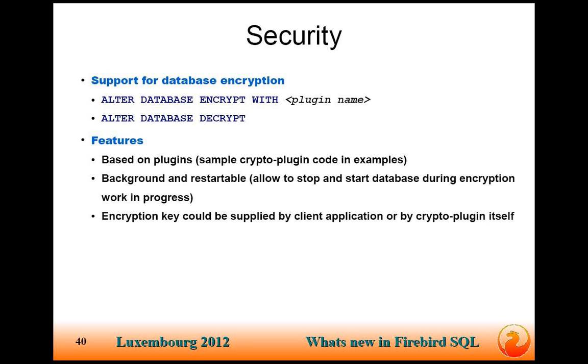So we have the way that it's a plugin which makes encryption that could obtain the key maybe from its configuration, maybe from the registry, from another computer. So it's not necessary that the application should supply the encryption key. It could be the application, it could be the crypto plugin itself, which works with the database server, and so on.